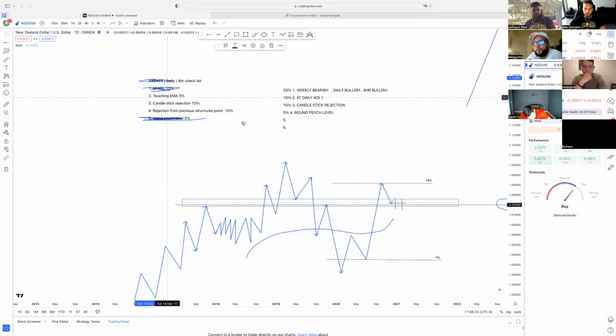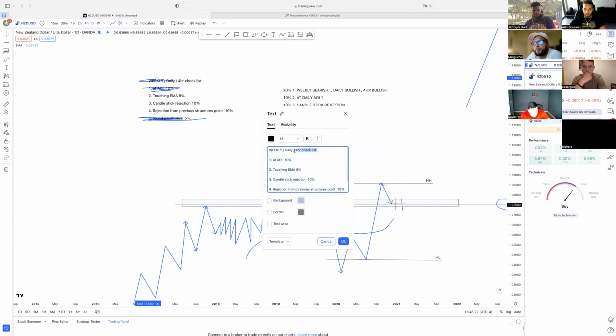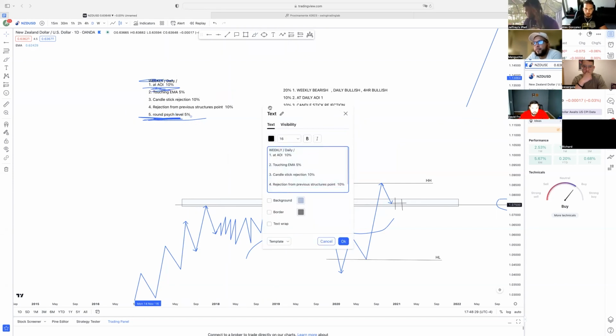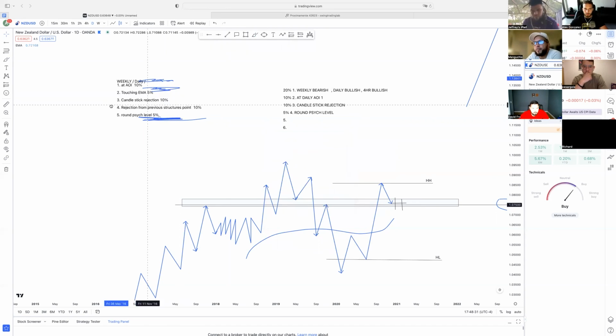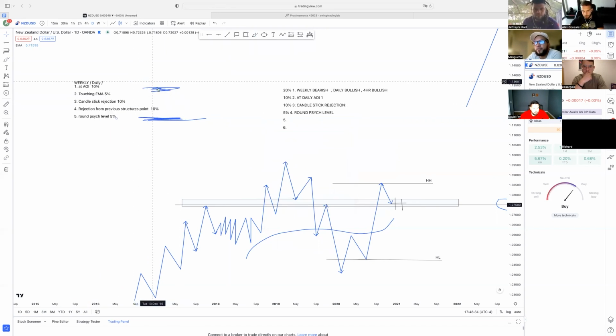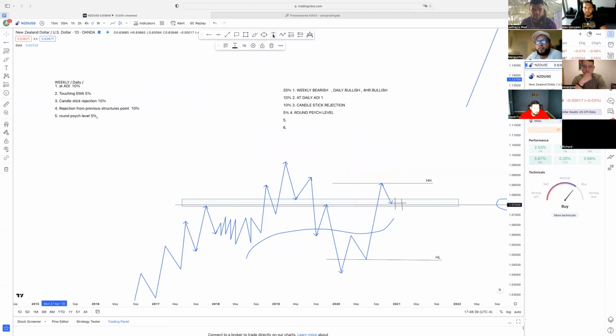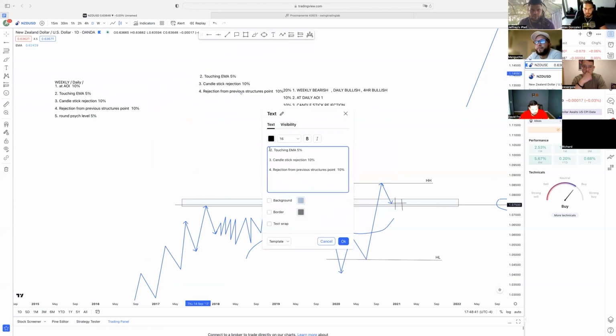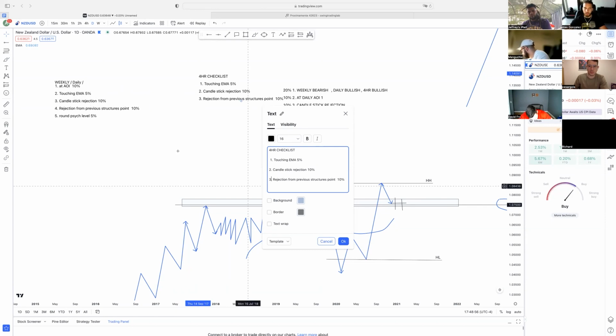So this is going to be the weekly and daily checklist, and then this is going to be the 4 hour checklist. When you go down to the 4 hour, this is the only thing you can look at. And when you're on the daily and the weekly, these are the only things that you can look at.